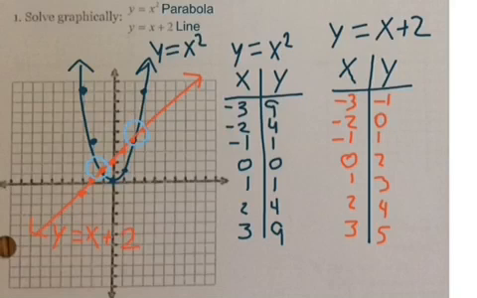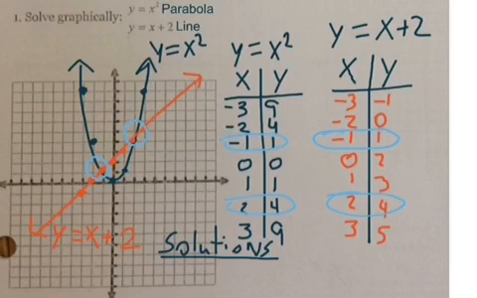You can also get the solutions by looking at the table of values, seeing where they have the same coordinate. In this case, the solutions turn out to be -1, 1 and 2, 4. Be sure to list both solutions in parentheses before you go on to the next problem.